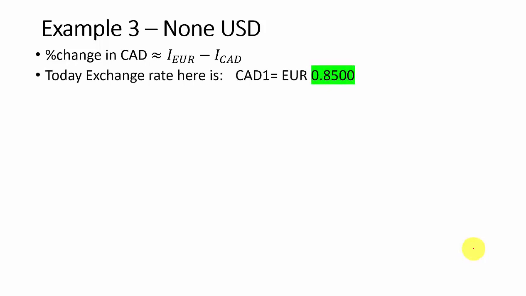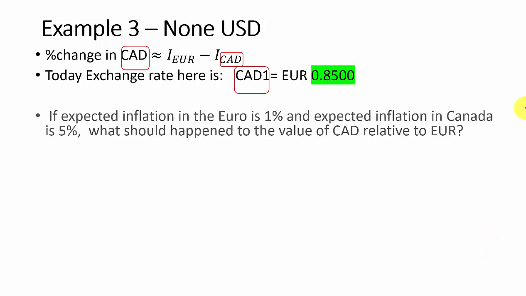Let's look at the third example, where there is no US dollar. Let me read the problem. If the expected inflation in euro is 1% and expected inflation in Canada is 5%, what should happen to the value of the Canadian dollar versus euro?